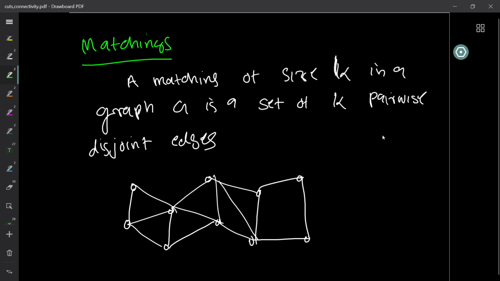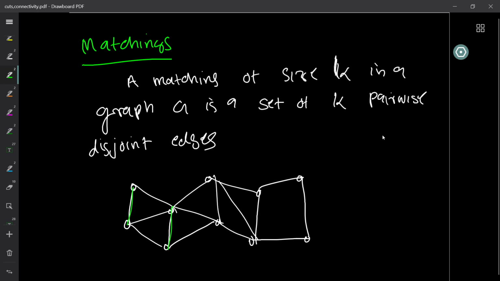Now, if you look at a collection of edges where no two edges share a vertex, such a subset of edges is called a matching. For example, maybe this one. Then of course I cannot select any of the three edges incident to this.